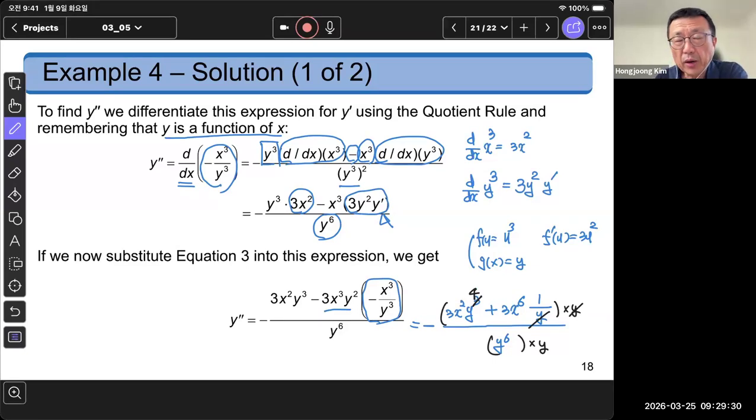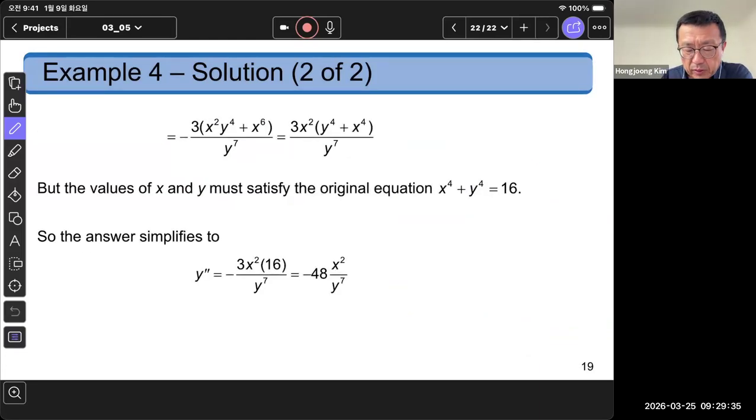In the denominator, you have 7 copies of y. So we get this expression. Since x squared is common, you can express it like this. This is how we get the second derivative of y with respect to x.